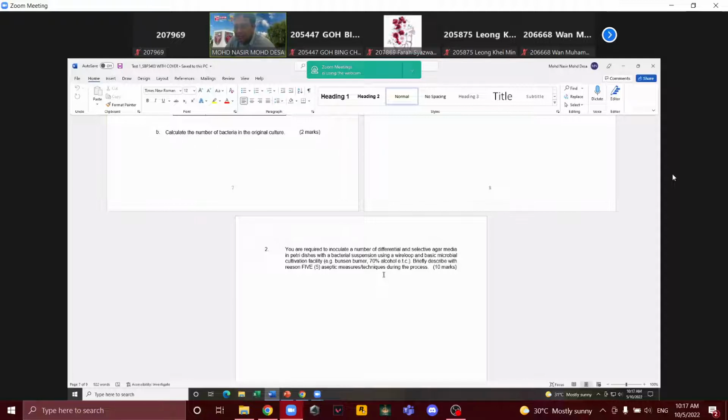But why do you want to sterilize? Because there are contaminants on the wire loop, so you want to heat it up to kill them. It fulfills the definition of sterilization, but when you simply put sterilize, it's quite broad. So you have to be more concise by saying exactly what's actually going on. Those who were concise got full marks, but those who just put sterilize got partial marks. I hope you learned.